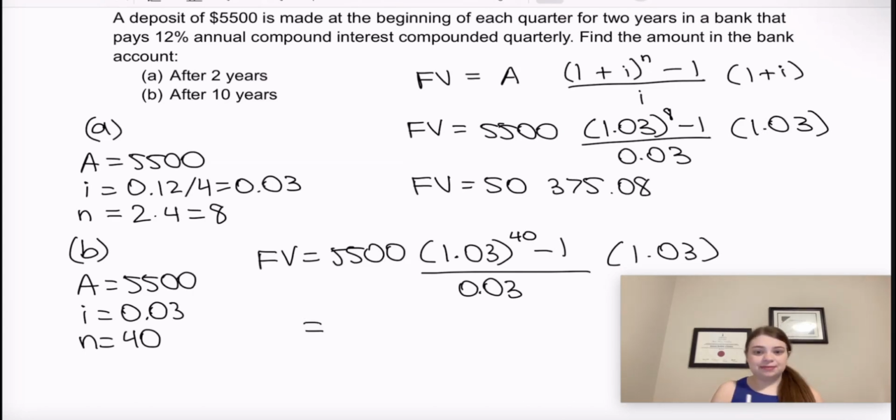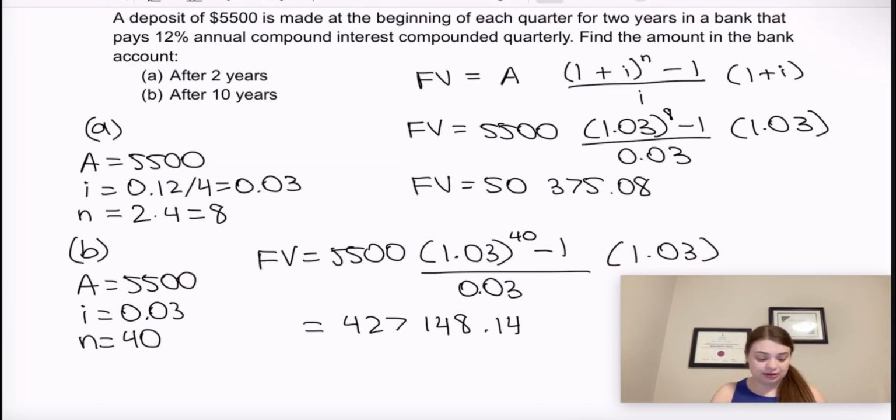Okay, so now let's type that in the calculator. 1.03 to the power of 40 equals, minus 1 equals, divide by 0.03 equals, times 1.03 equals, times 5,500 equals, let's see, $427,148.